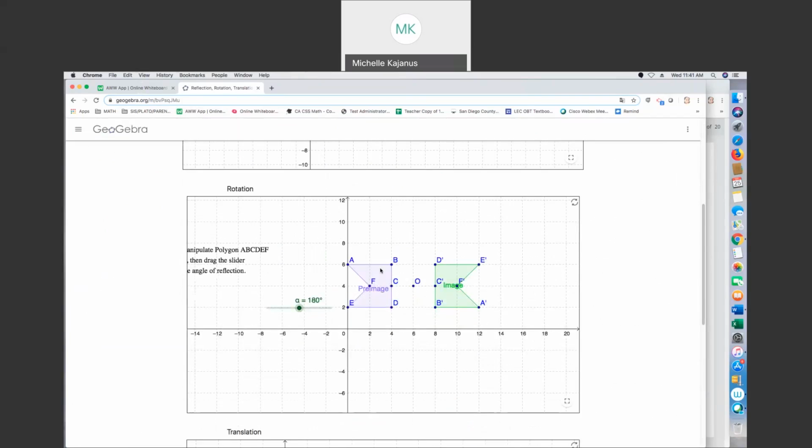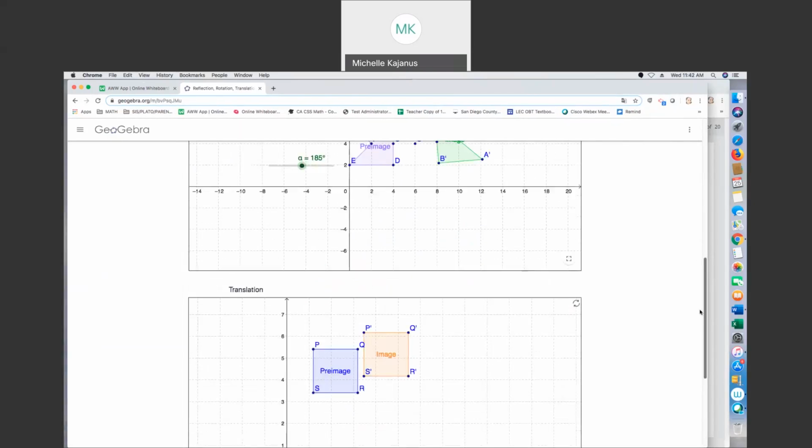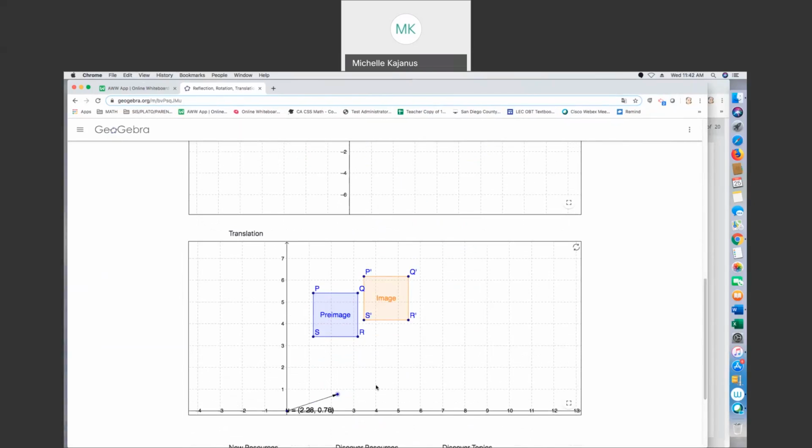A rotation, a shape just turns around or spins around depending on how many degrees you make it spin. A translation is just moving a shape to another side. So here, I want to move it this way, and then maybe 4 units up, and maybe 3 units up.